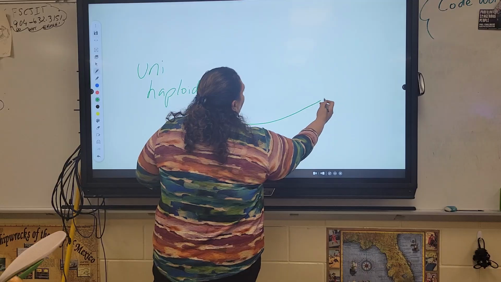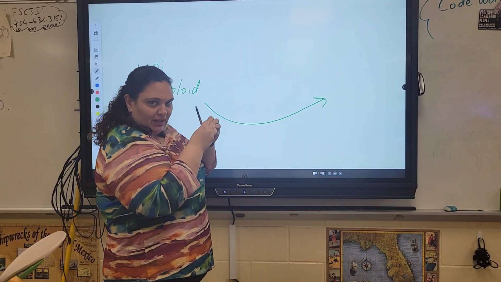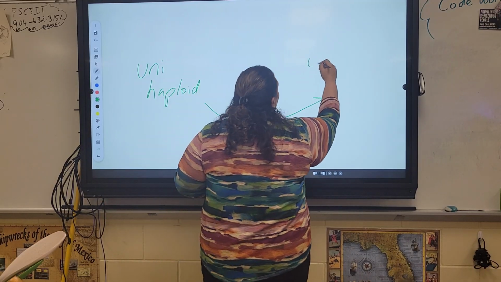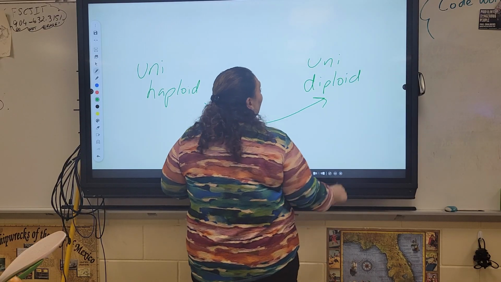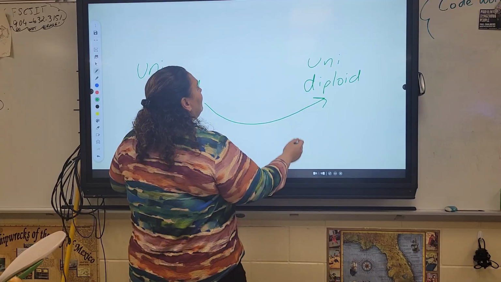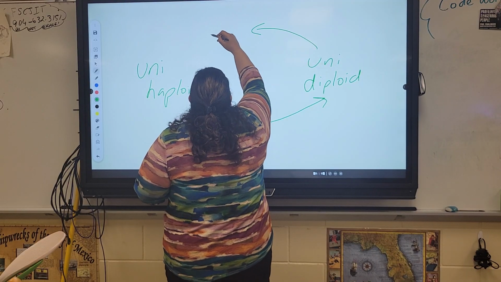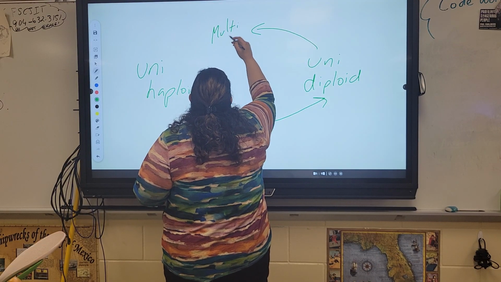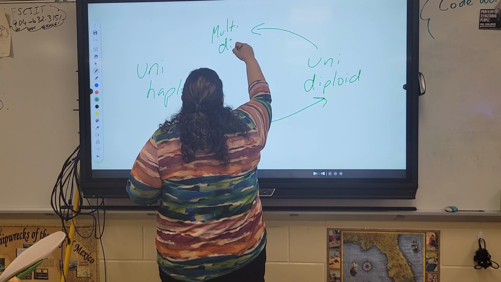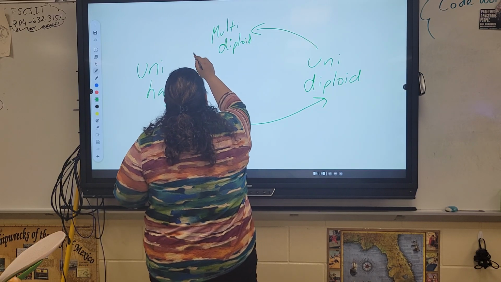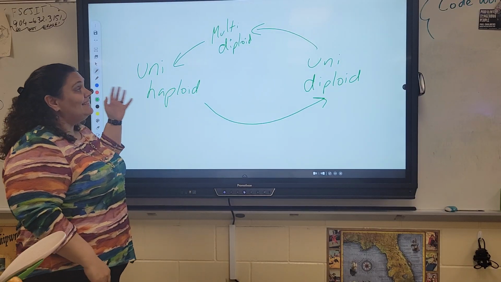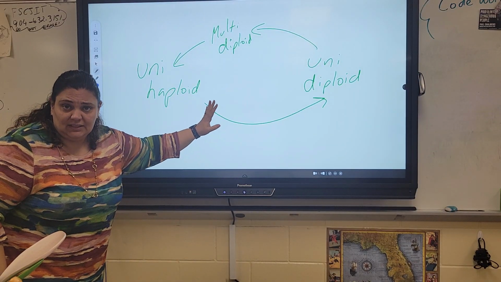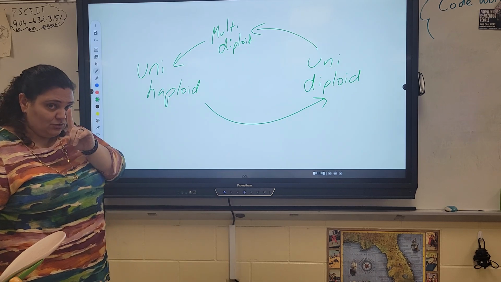Then normally the sperm and the egg fertilize and become a unicellular diploid organism. Then we go through mitosis, and it becomes a multicellular diploid organism. And it produces unicellular haploid cells, your sperm and your egg. This is your typical animal life cycle. Plants have an extra step.